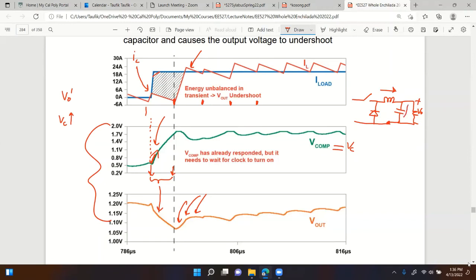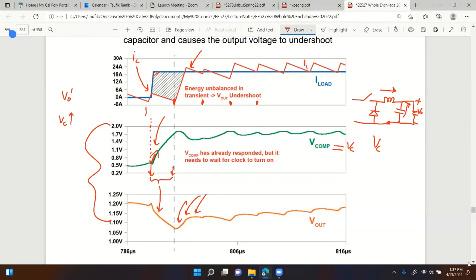Of course, the capacitor. That means the capacitor has to discharge. You can tell it's leaving the capacitor, that means the capacitor is discharging. What happens to capacitor voltage when it's discharging? Is it going down or going up? The voltage goes down.